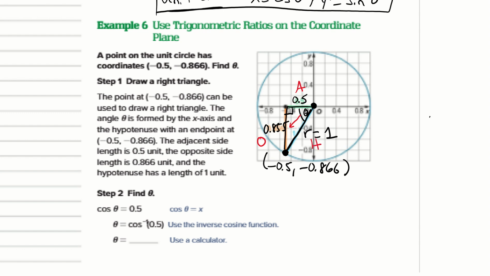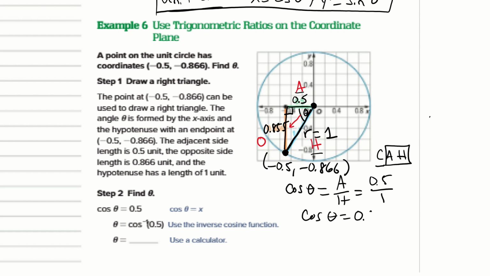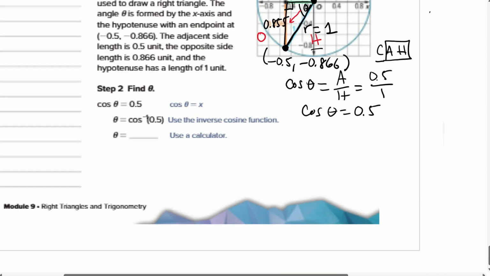We know that the cosine of theta is adjacent over hypotenuse, right? CAH. So A over H, which is 0.5 over 1. So basically cosine of theta is just 0.5, because 0.5 divided by 1 is 0.5.